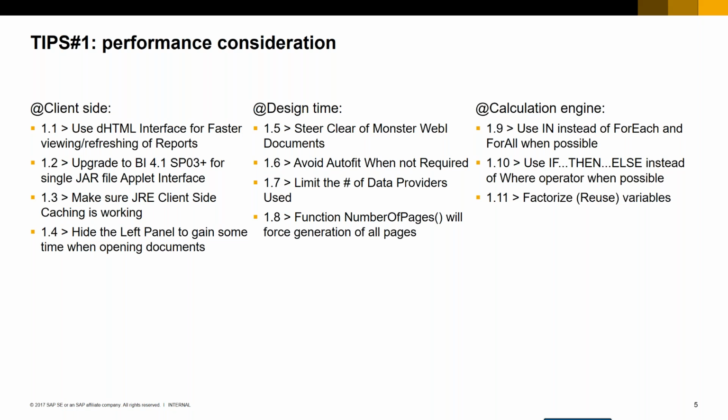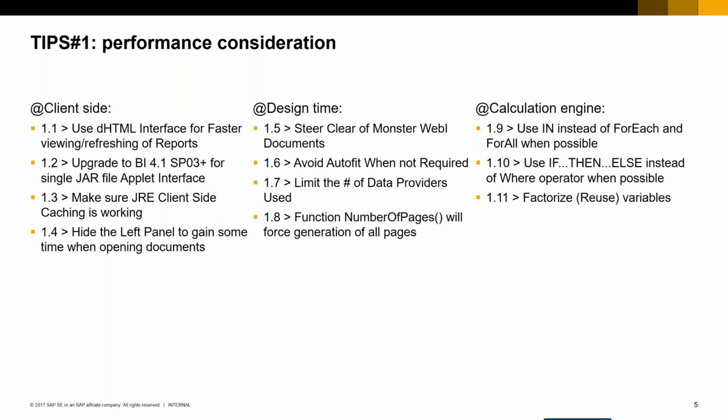The code we use to calculate the in context is much faster and cleaner than for each and for all. So in some situations, you are forced to use for each and for all. So please go on. But if you can avoid for each and for all and use the in instead, this improves the processing of your variables and the calculation of your contextual variables. So in context rather than for each, than for all.